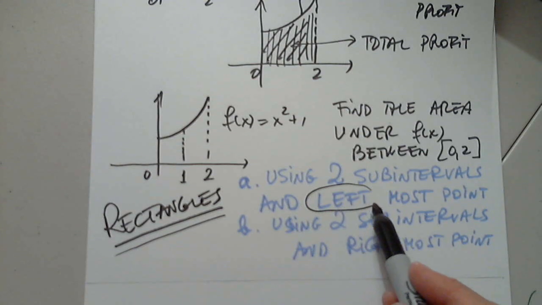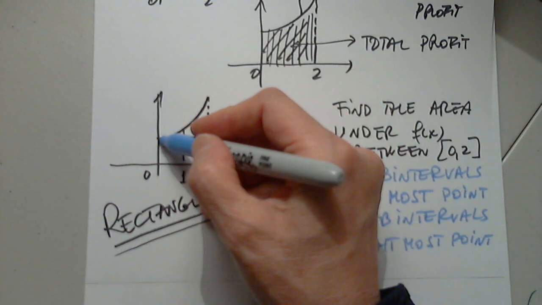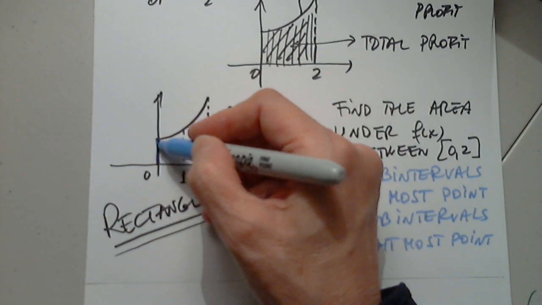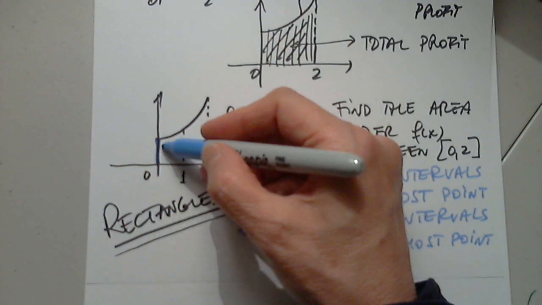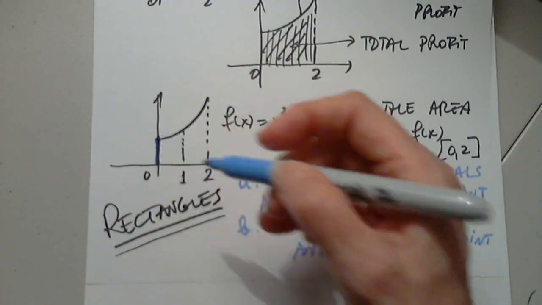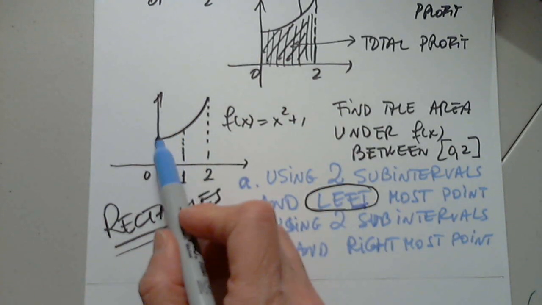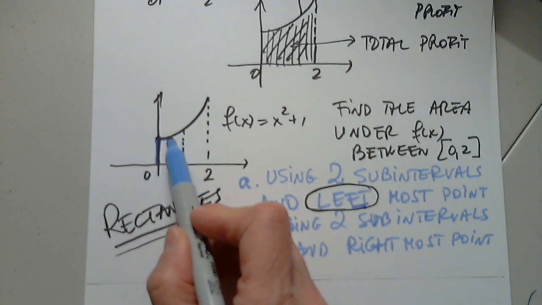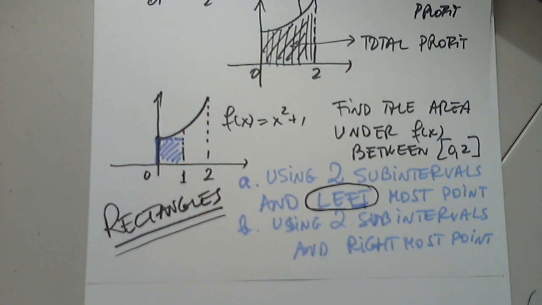And now I want to use the leftmost point. What does that mean? The leftmost point means where the function sits. On this interval between 0 and 1, the height is the leftmost point. So then I draw from that height where it hits the function, and this is my first rectangle.